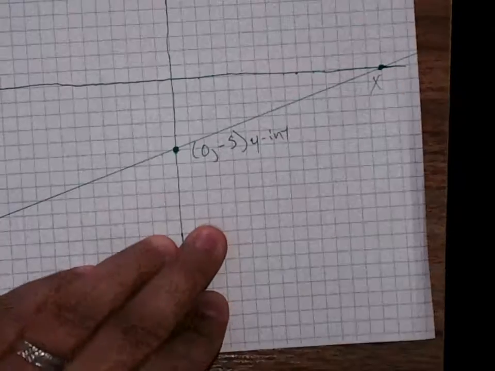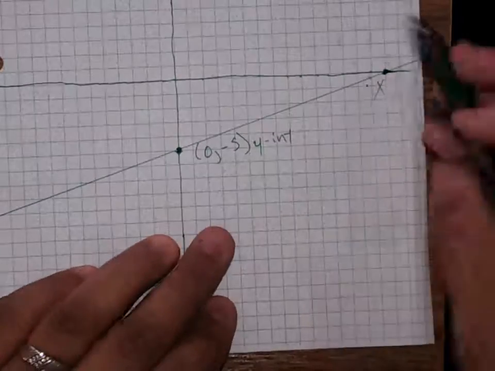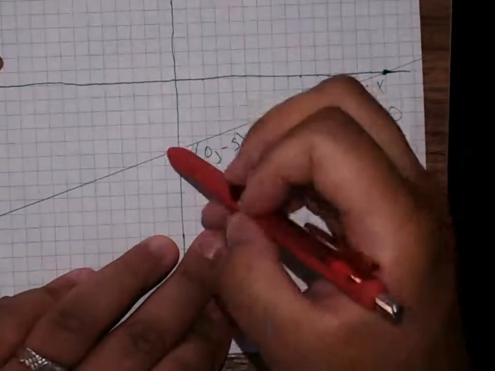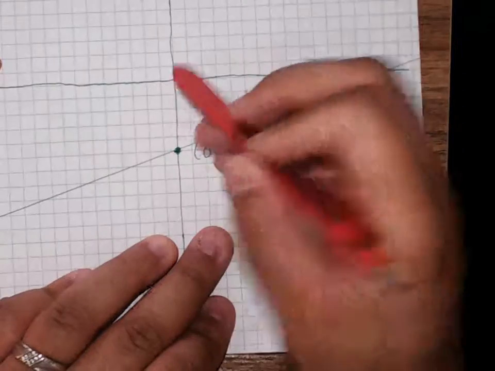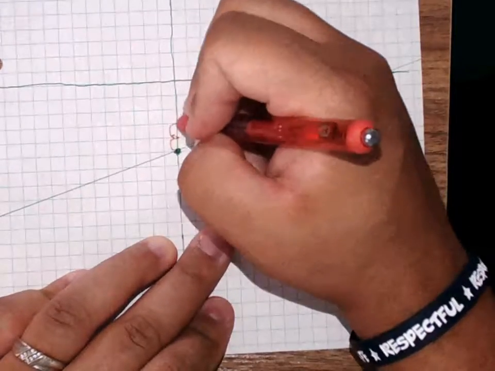I can also find my slope. How do I go from this point to this point? I go up 1, 2, 3, 4, 5. For those of you that are visual, we jump from one to the next.